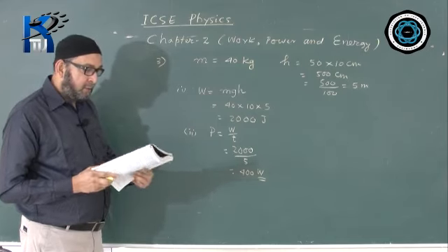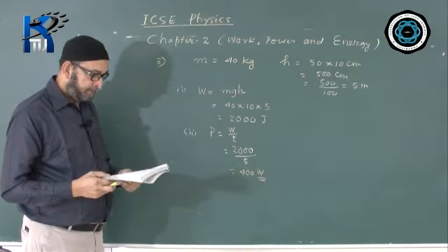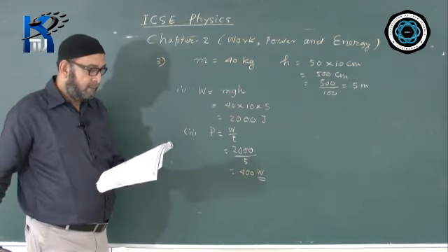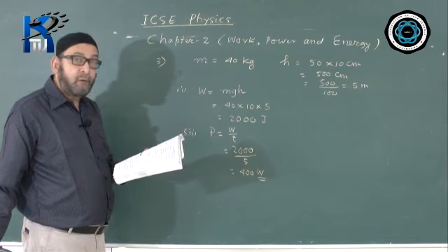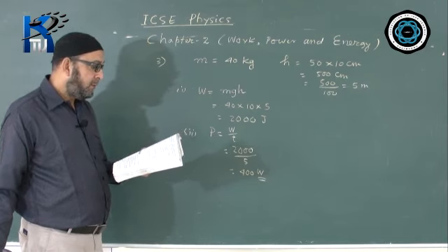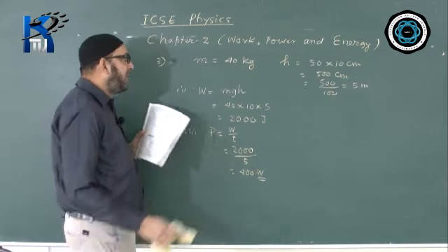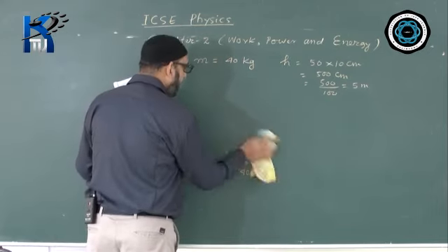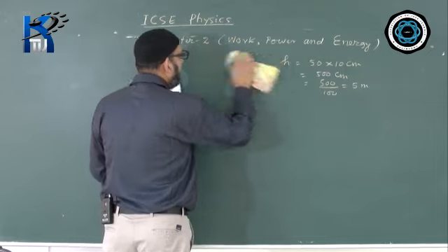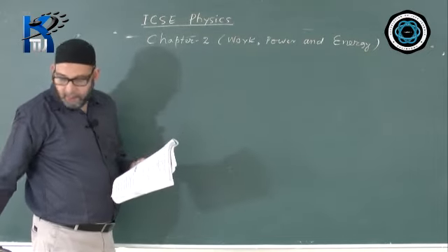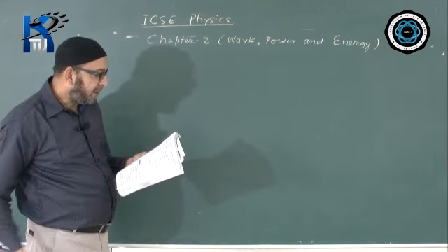Now I read another question which says a man exerts a force of 200 Newton in pulling a cart at a constant speed of 16 meter per second. Calculate the power spent by the man. This is a direct problem.